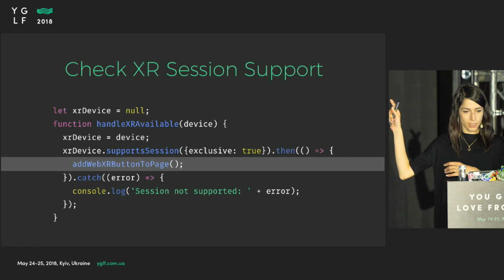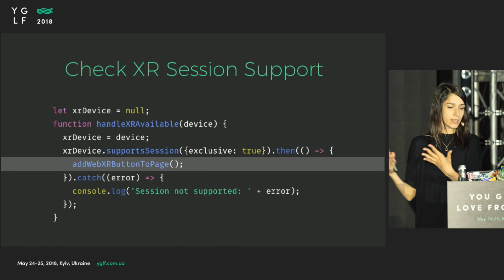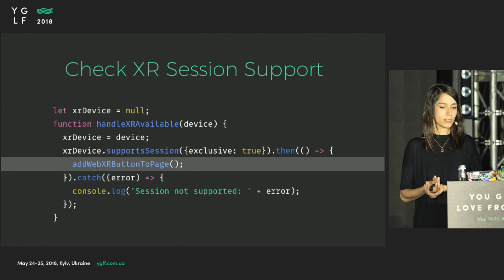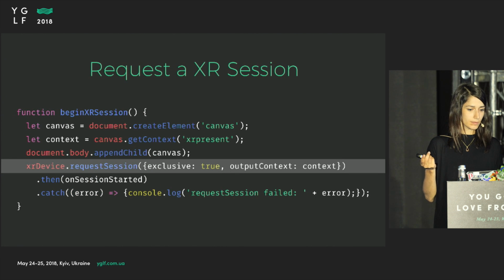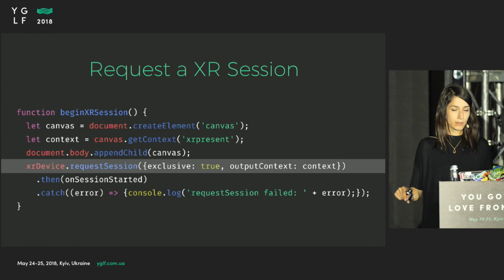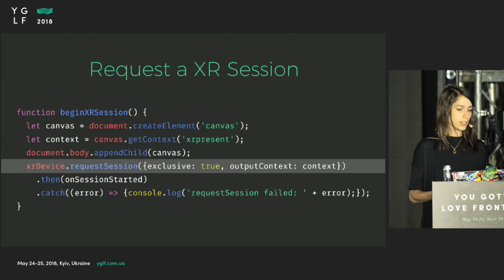Okay, now what we did here is adding a button to the website advertising the VR or XR feature to the user, because an actual XR session, an exclusive XR session at the moment, requires a user gesture. So when a user clicks the Start VR button, we can request a session from the XR device with the requestSession method.